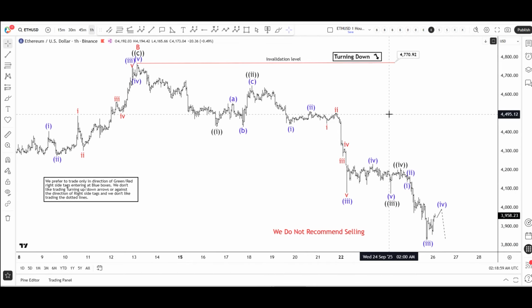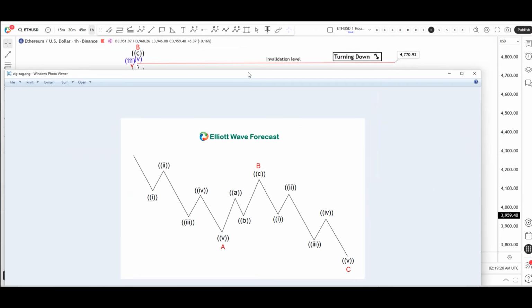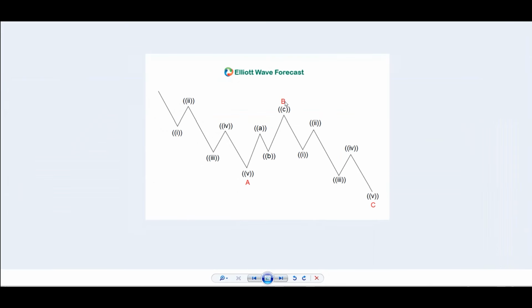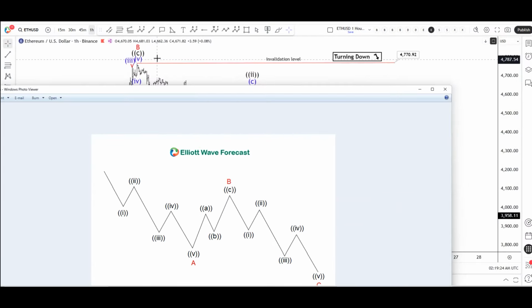Now if we zoom out and take a look at the larger time frame, first of all, let me show you the general structure. ABC is a zigzag structure, so here is the general structure of a zigzag. So the C is over here.